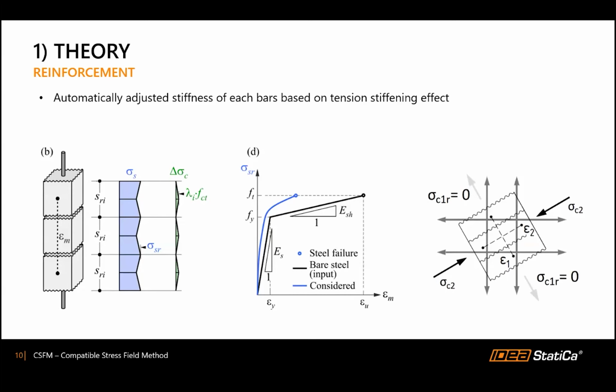Generally, it's a tension stiffening problem, and we transfer this effect to the reinforcement rebars by artificially adjusting their stiffness based on the reinforcement ratio in the section. This is why we use this blue curve, which is unique for every rebar. We reach the same limit of bearing capacity of the rebar, but you can see the ductility is different. So it brings lower deflections and captures reality better.